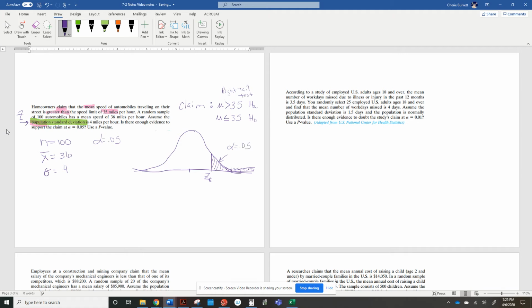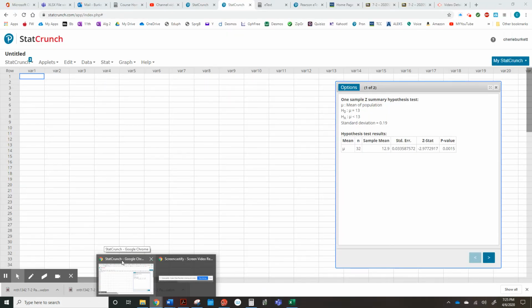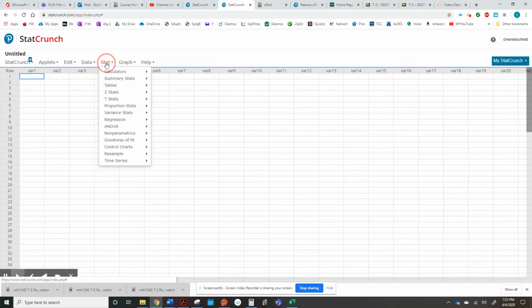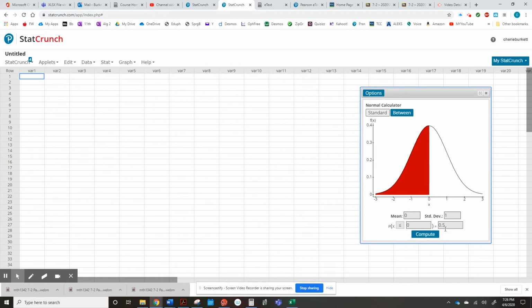Okay, so I'm going to go to StatCrunch right now and start with finding my z-score. I'm going to go to Stat, Calculator, Normal. I have an area, but it's greater than, and it's 0.05, and I want to compute the z value.